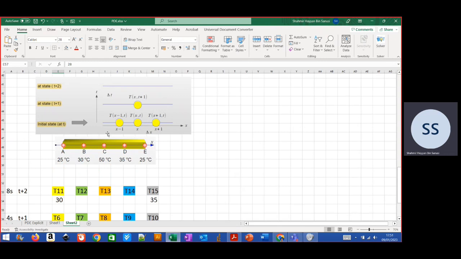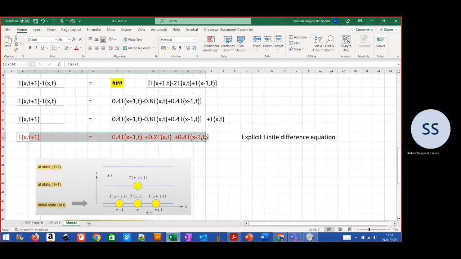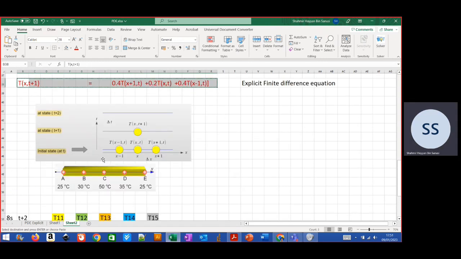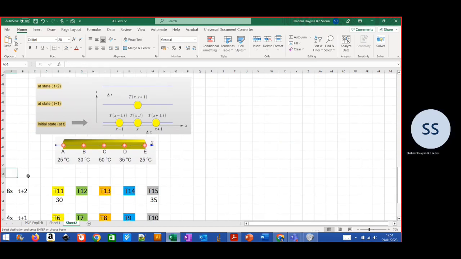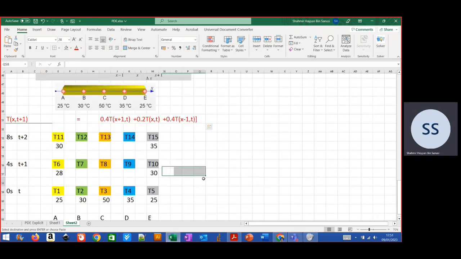So by using our explicit finite difference equation, we can predict T7, T8, T9, T12, T13, T14 by using this.